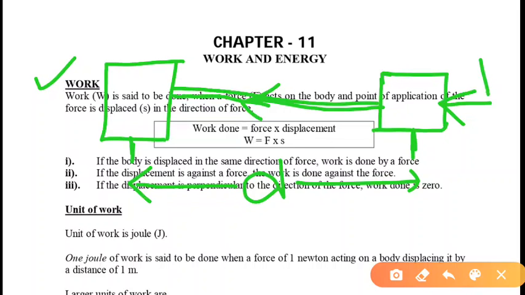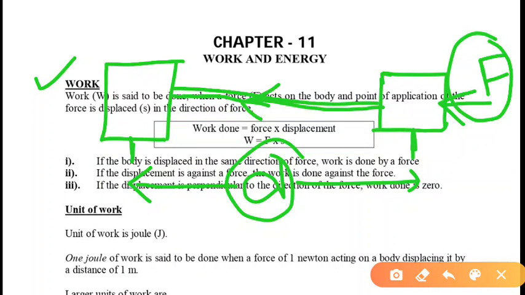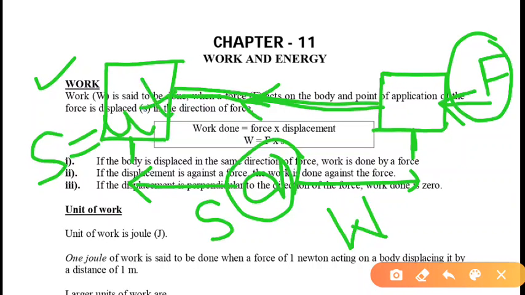And suppose the force applied by us is F. Then F into D, F multiplied by D, is known as work, denoted by W. In some books displacement is given by D, and in some books by S, because in our second and third equations of motion, S equal to ut plus half at square, S is displacement.